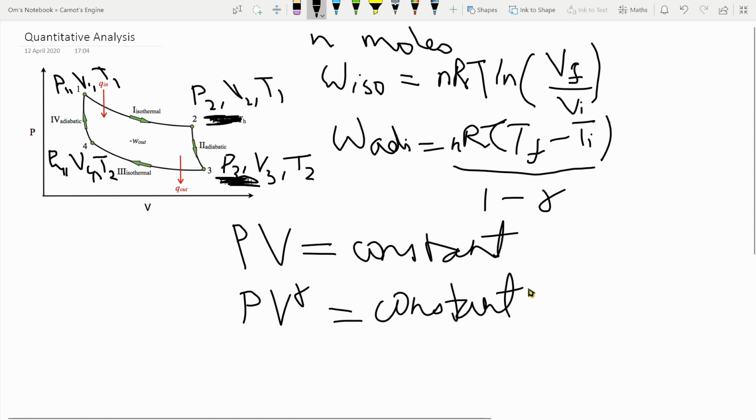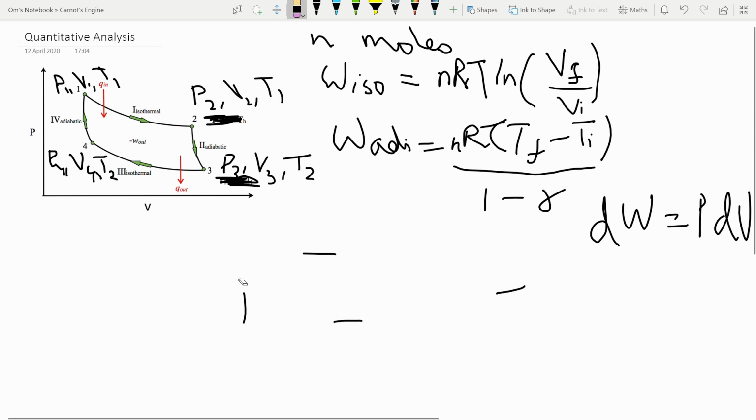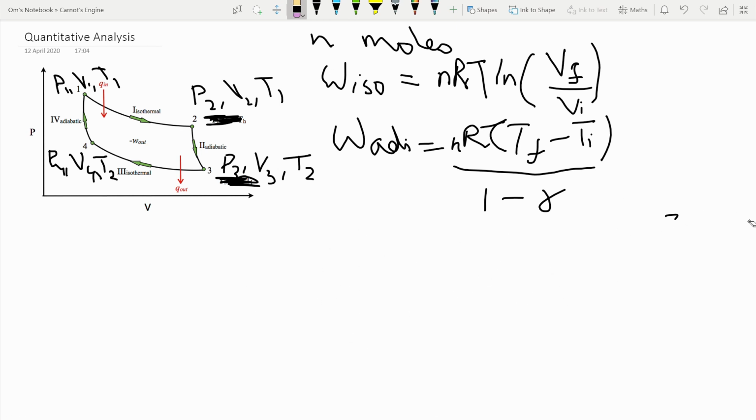So these proofs are fairly easy to do, so you can do them as an exercise, I guess. And of course, you will be using dW is equal to PdV to evaluate these expressions if you want to do it as an exercise. So this is a story for another time, so we're going to just erase all of this over here.